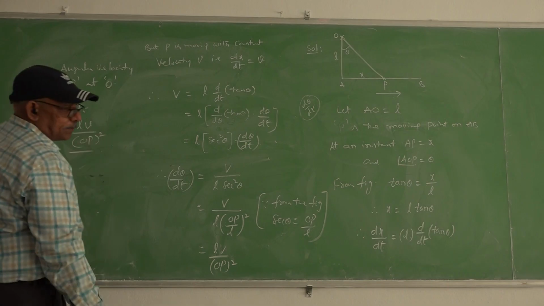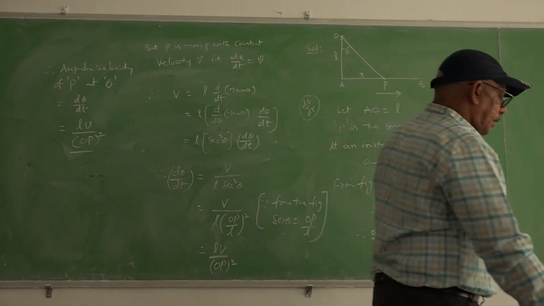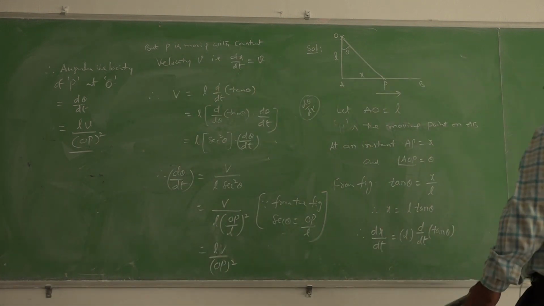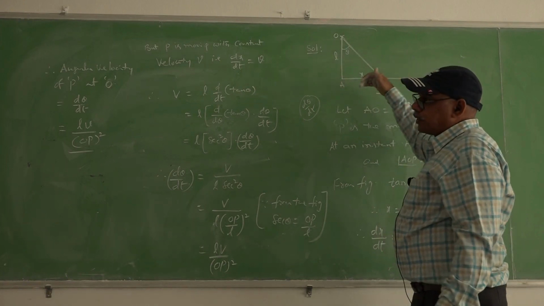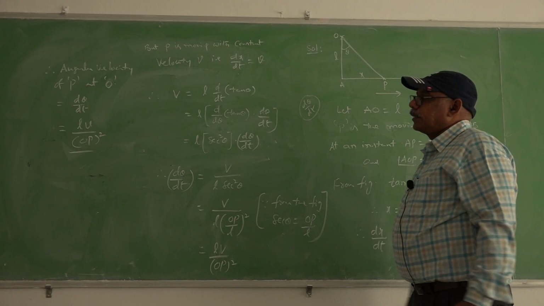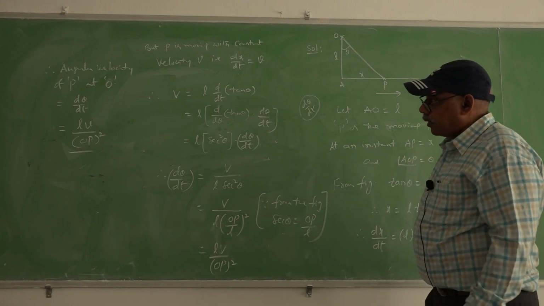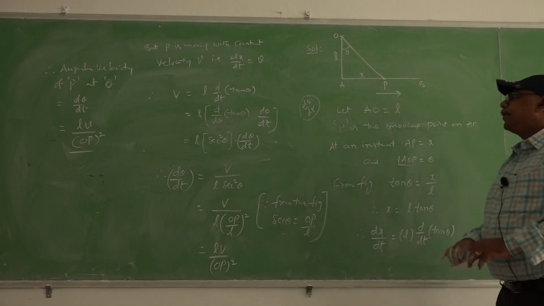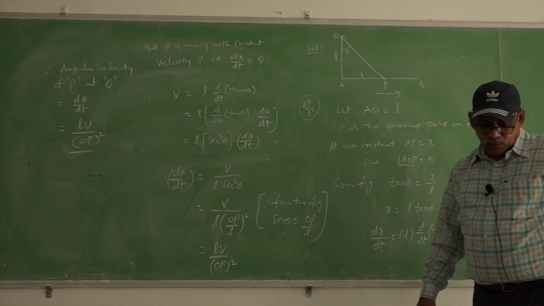This is our required answer. So the angular velocity of a particle about a point, as the particle is moving on a straight line, is nothing but L v by OP square. This is one important problem related to the rate of change.